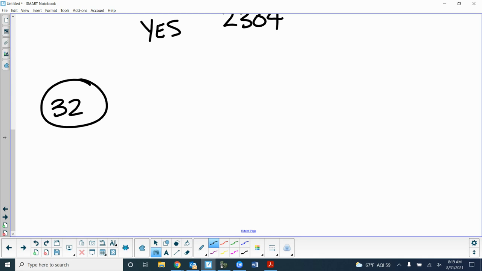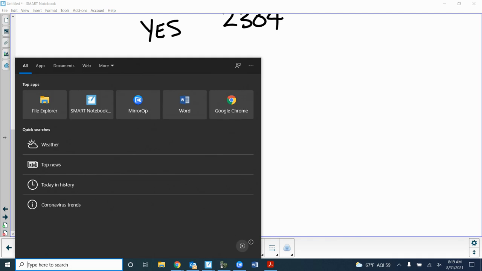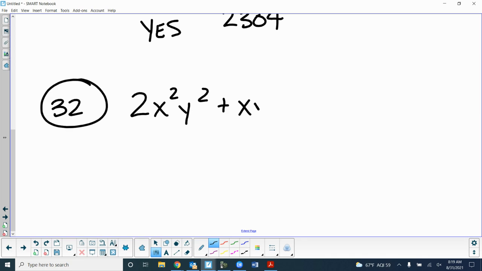So we've got 2x squared y squared plus xy minus 1. All right, is there a GCF? Now again, I go through those steps every time, okay?